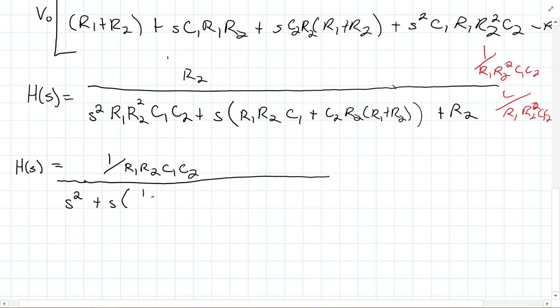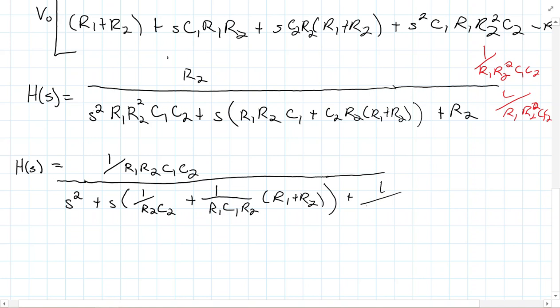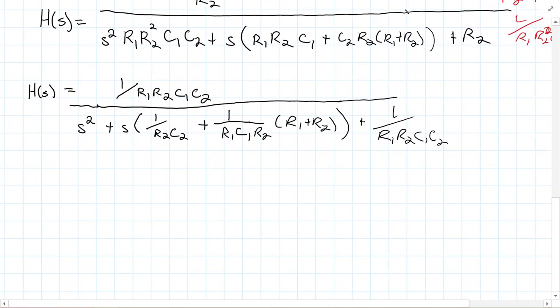So this would be 1 over R2 C2 plus 1 over R1 C1 R2 times R1 plus R2 plus 1 over R1 R2 C1 C2, which we're going to clean up one more step here.